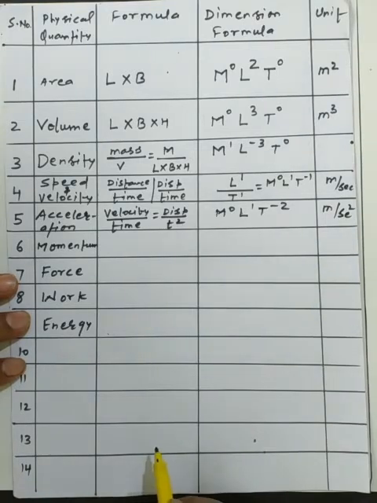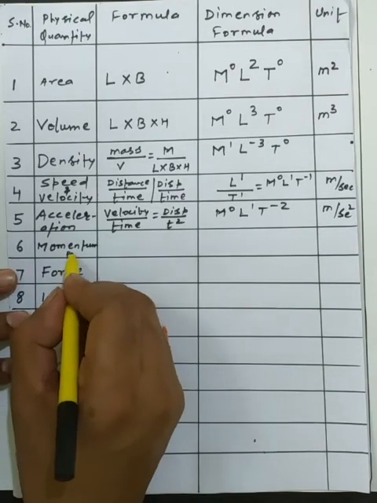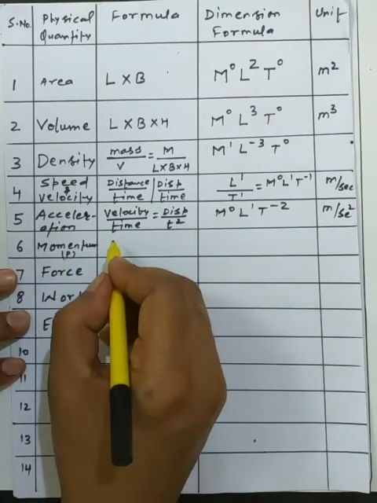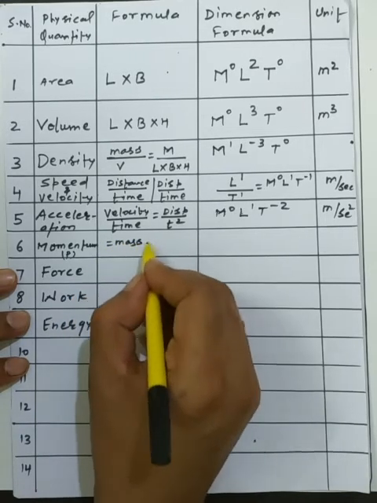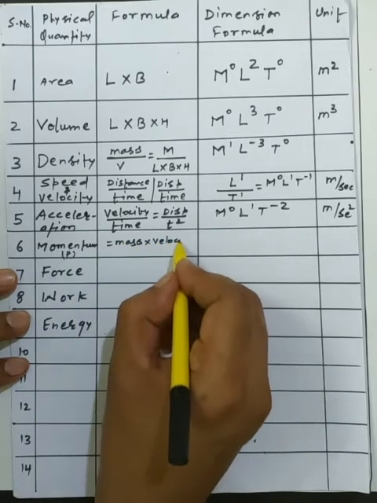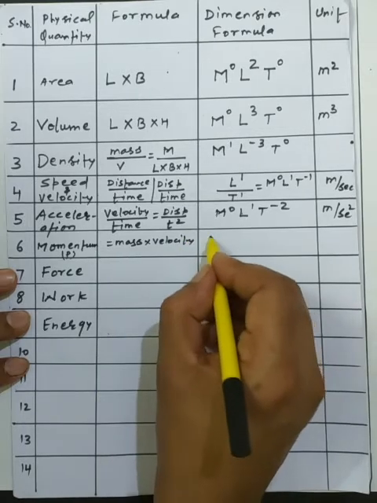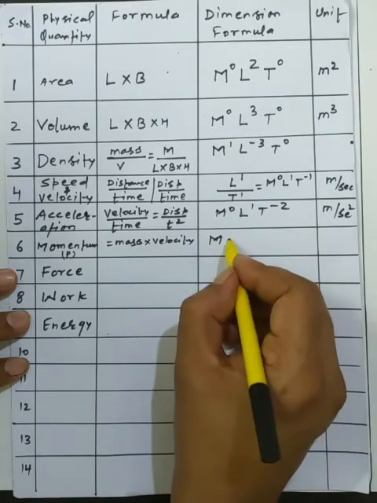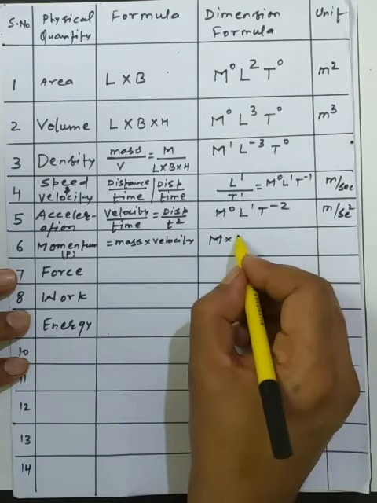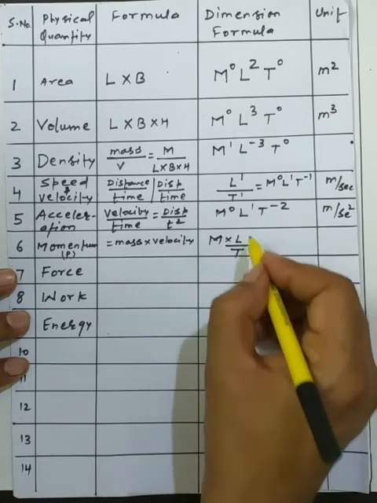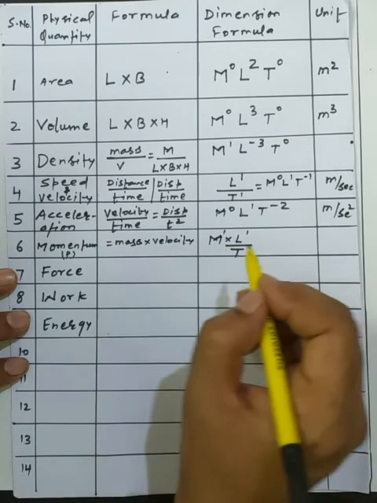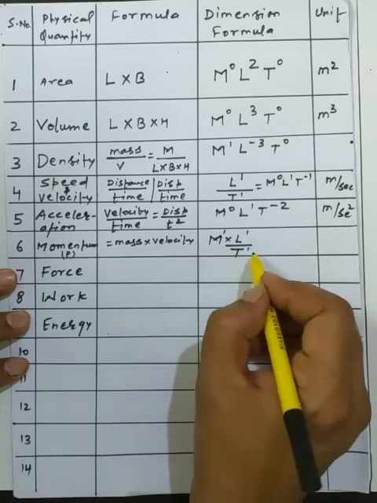Now momentum. Generally the symbol of momentum is p, and p is equal to mv, that is mass into velocity. Easily we represent the mass by M, and velocity is displacement upon time. Displacement is represented by L, and time is represented by T. So M1 L1 upon T1.